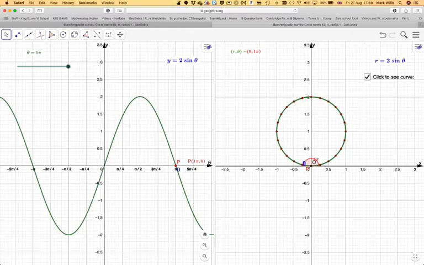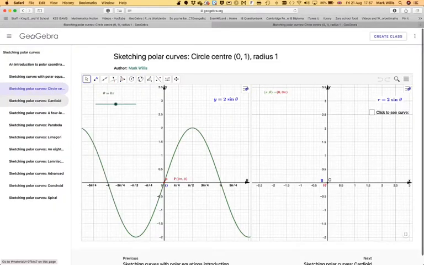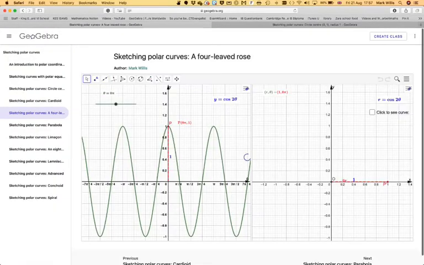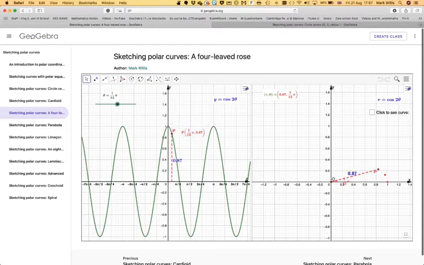Just to finish the video off, I want to have a look at some other curves that we could look at. This is quite an interesting one. This is a 4-leaf rose. Look here, the angle's positive. Here, r is negative, so the line goes the other way.